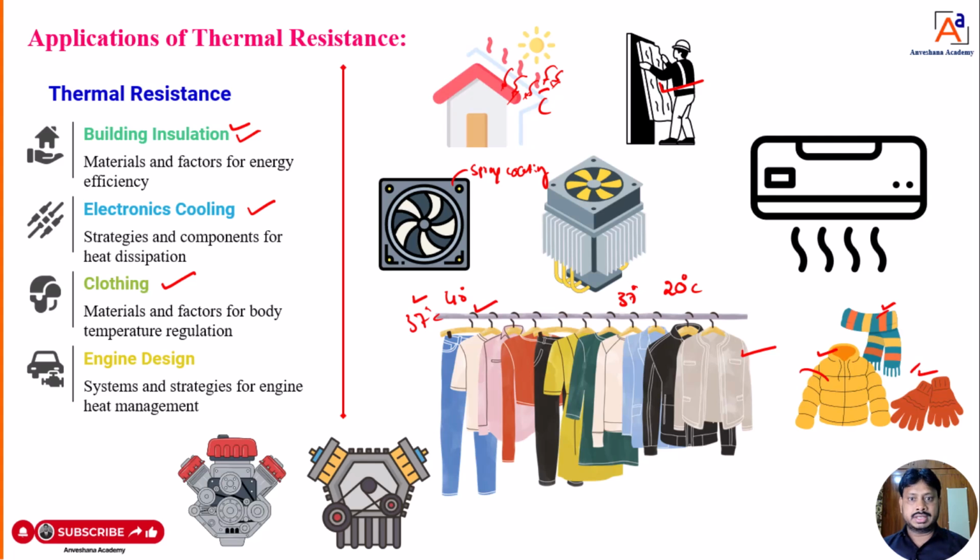But in winter season, by wearing a thick jacket or thick shirt or scarf or gloves, we resist the flow of heat from our body to the surrounding. Hence all this clothing is also a best example of thermal resistance, dear students. Like that, in an engine also we are using some thermal resistors to avoid the transfer of heat from the engine to the surrounding.